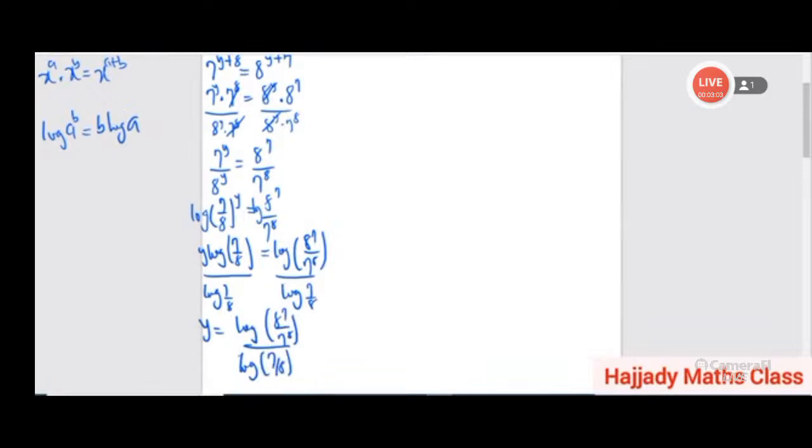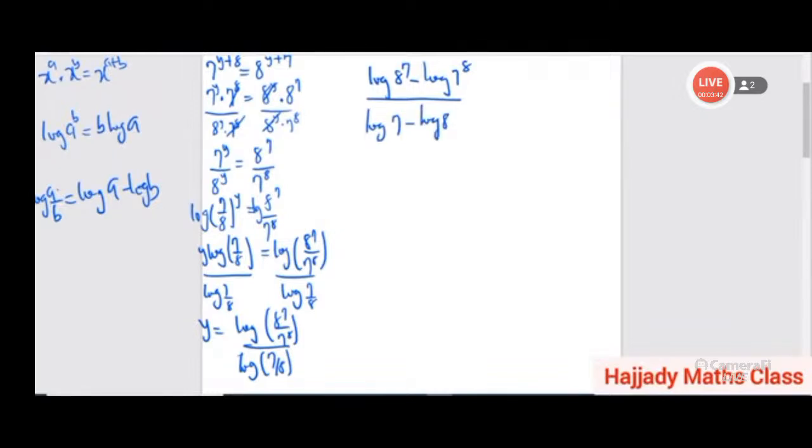I'm going to use another law of logarithm that says log a divided by b is the same thing as log a minus log b. So for the numerator, I'm going to have log 8 raised to power 7 minus log 7 raised to power 8. For the denominator, the same rule is applied, so I have log 7 minus log 8. That is what my value of y equals.